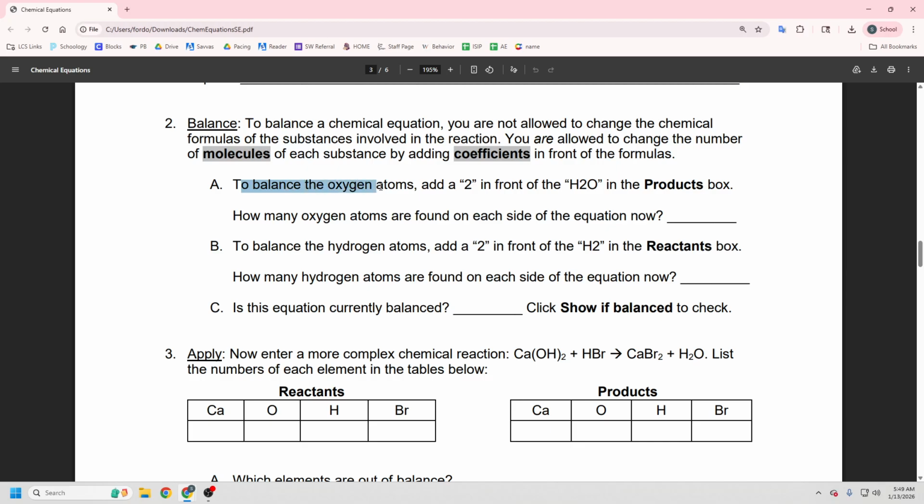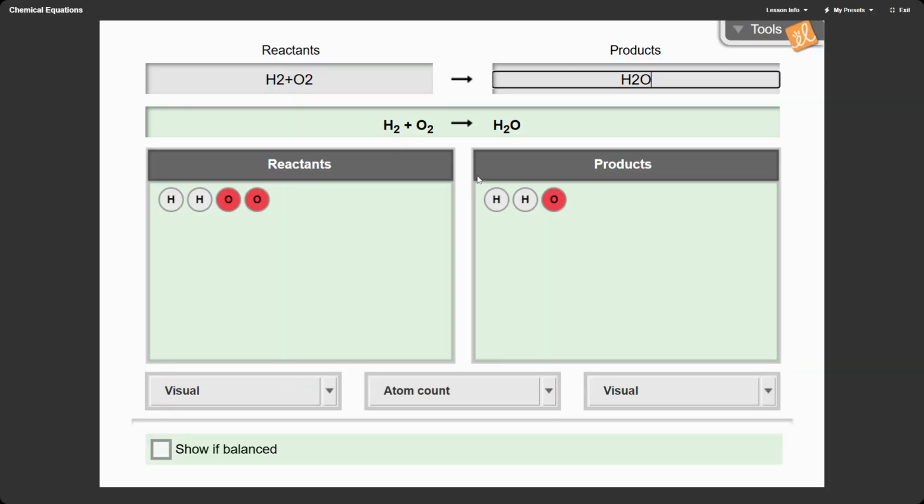To balance the oxygen atoms, add 2 in front of H2O in the products box. How many oxygen atoms are found on each side of the equation now? So you go and you add a coefficient 2 in front of H2O.